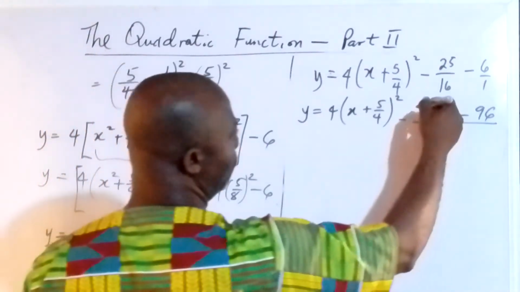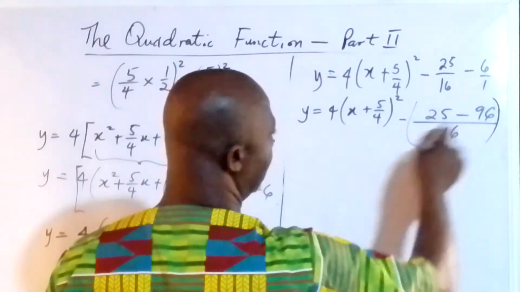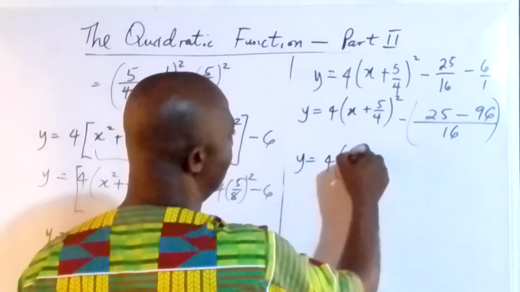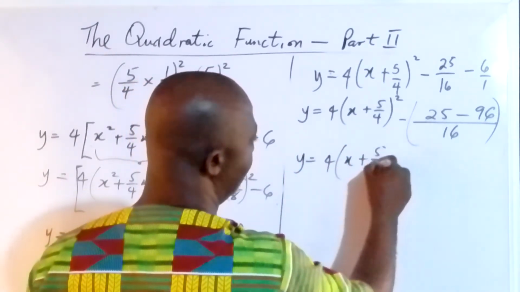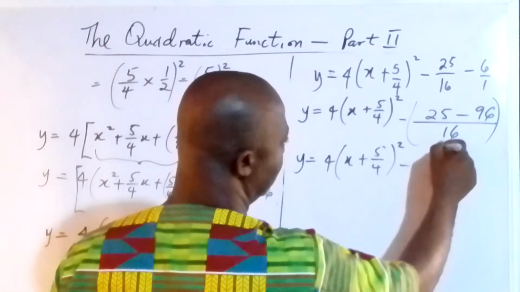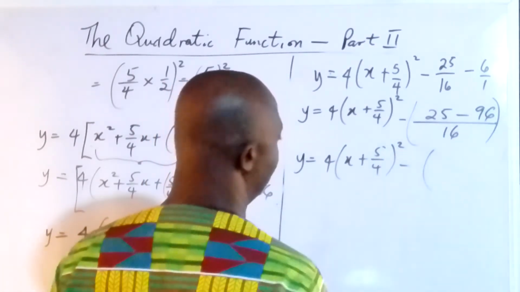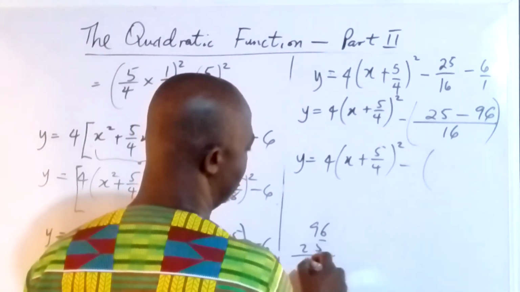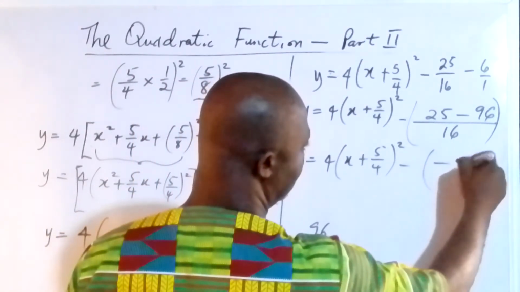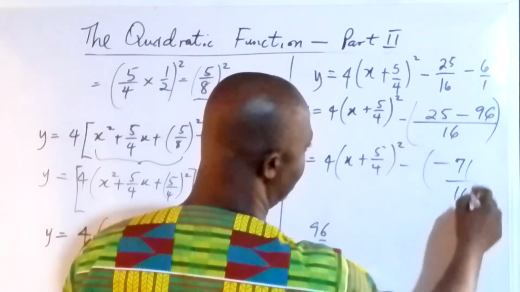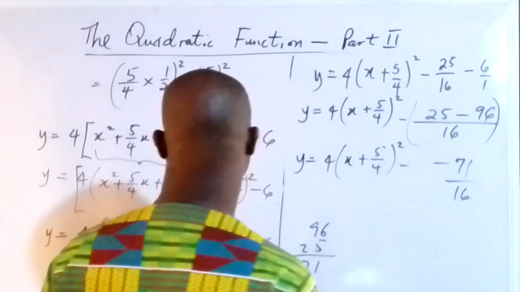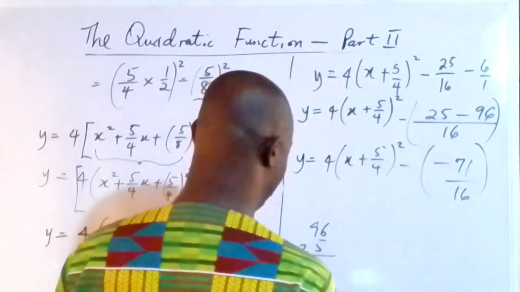Please don't forget that we are grouping this together. So you have y equal to 4 bracket x plus 5 over 4 squared minus, okay, this and this, 96 minus 25, 71. That's minus 71 over 16.